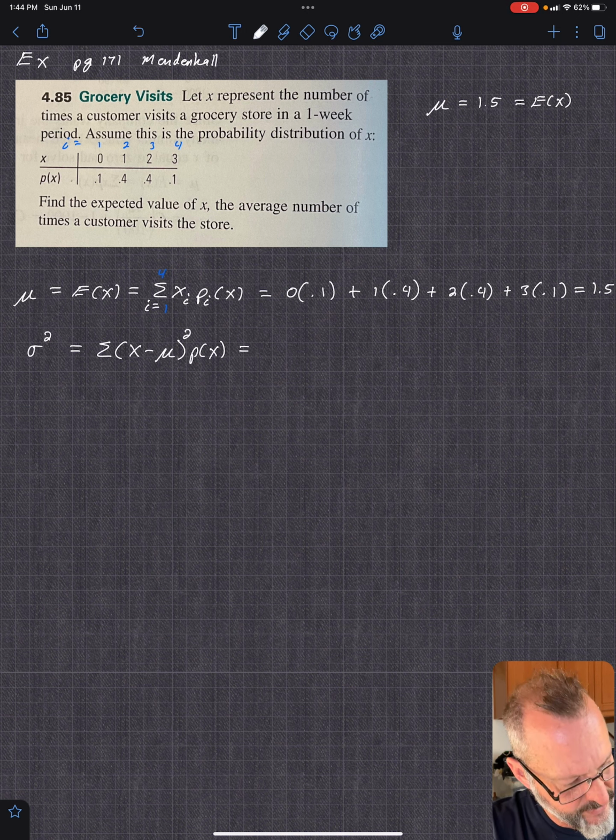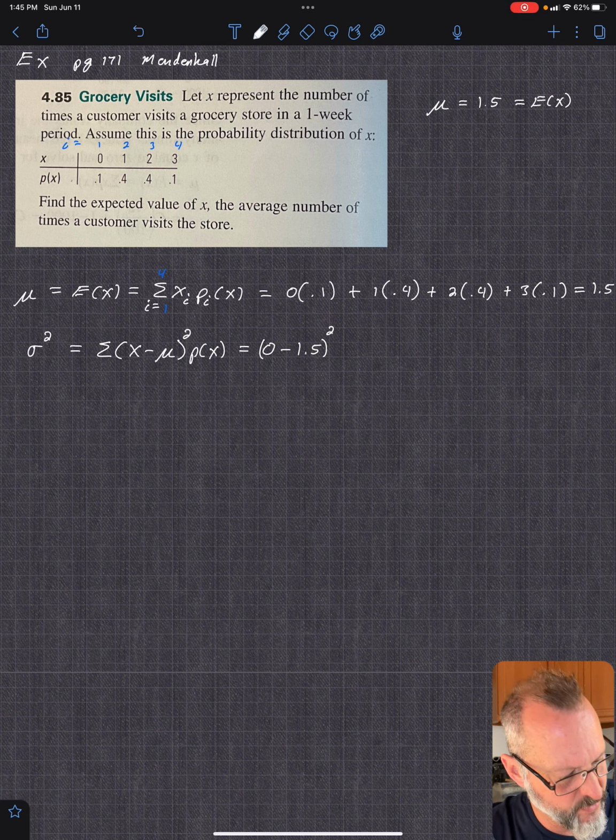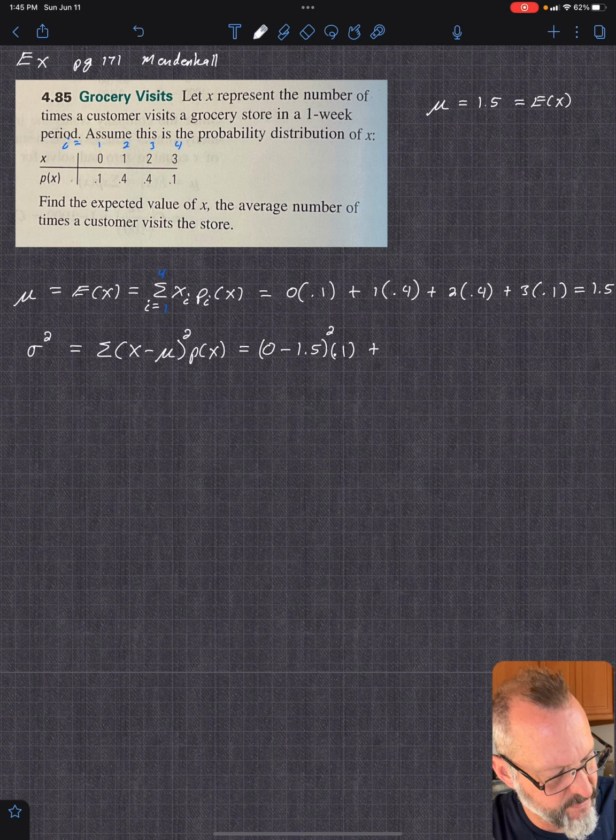So what you get is 0 minus 1.5 squared, and the corresponding p of x was 0.1, and then plus 1 minus 1.5 squared times 0.4.